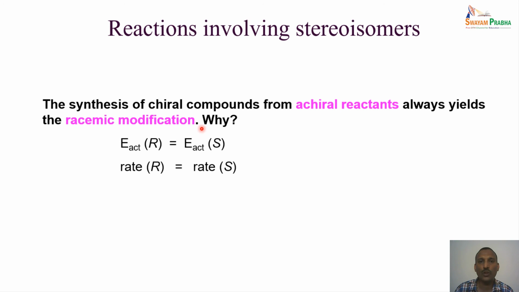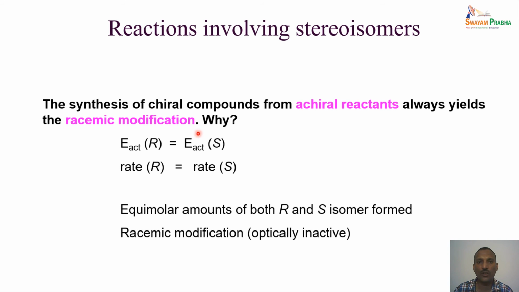We can also talk about the same in terms of energy of activation, because in this case the energy of activation for the R isomer is exactly the same as the energy of activation for S. In other words, the rate of formation of the R isomer is exactly equal to the rate of formation of the S isomer, so both are formed in a 1:1 mixture.